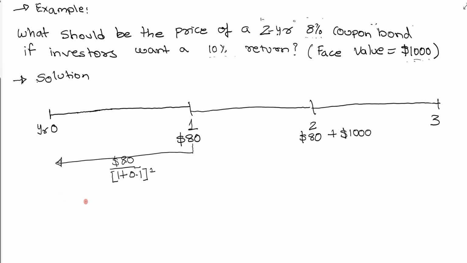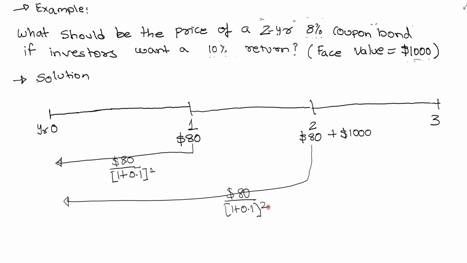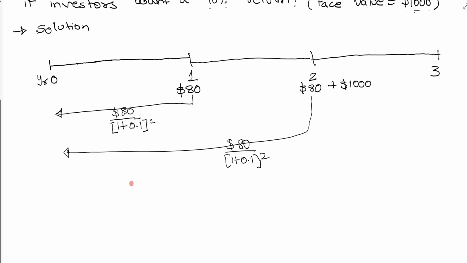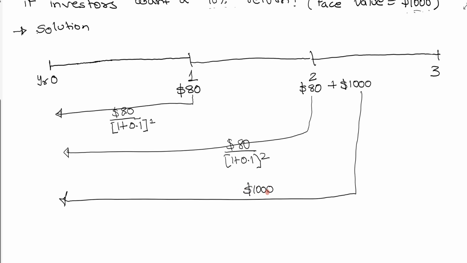Whereas this $80 will be discounted at the rate of 10% for 2 years, because it's going to occur after 2 years. And so is the case with this $1,000, which is going to come to us after 2 years. So that's $1,000 discounted at the rate of 0.1 for 2 time periods, in this case 2 years.